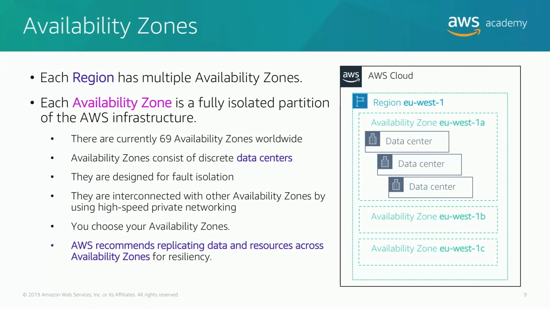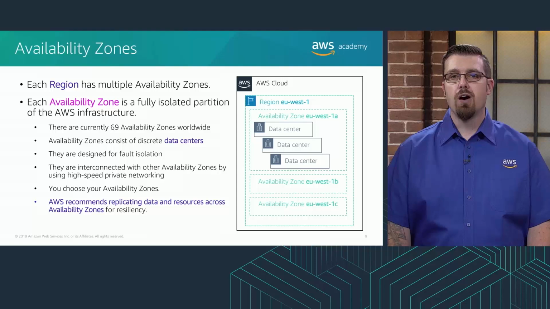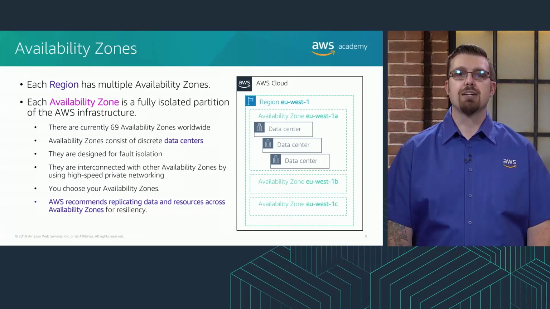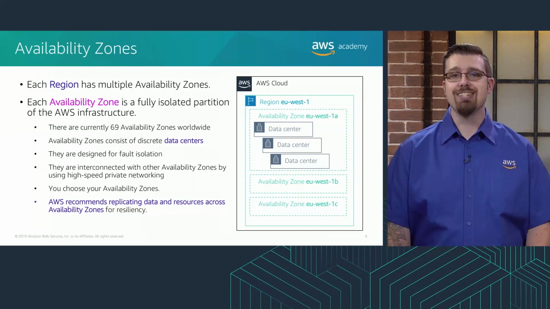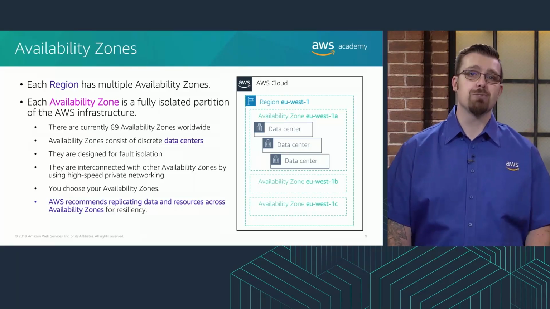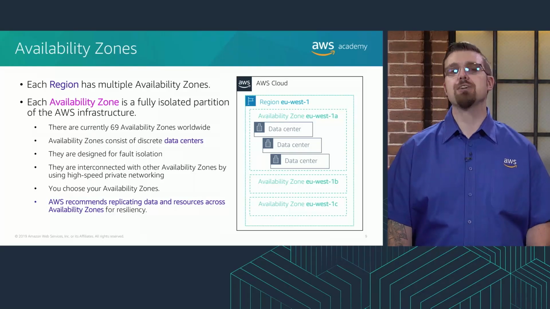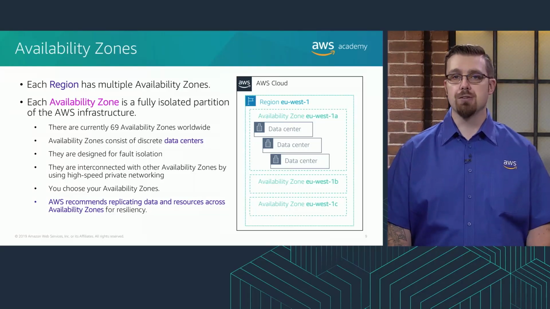They are fully isolated partitions of the AWS Global Infrastructure, and availability zones have their own power infrastructure and are physically separated from other availability zones by several kilometers, though all availability zones are within 100 kilometers of each other. All availability zones are interconnected with high bandwidth, low latency networking over fully redundant, dedicated fiber, which provides high throughput between availability zones. This network allows for synchronous replication between these availability zones.